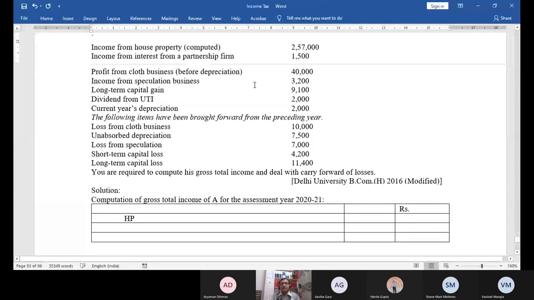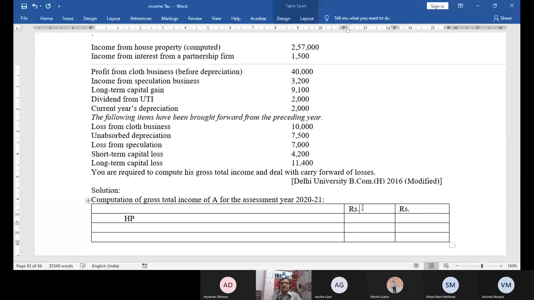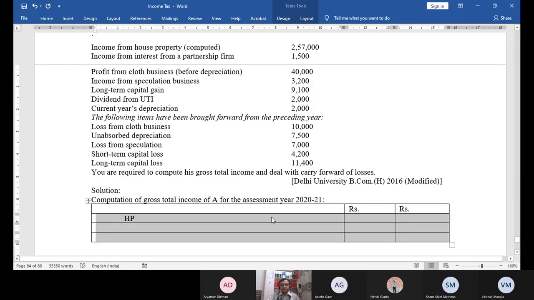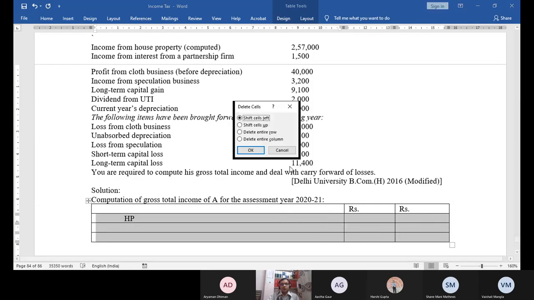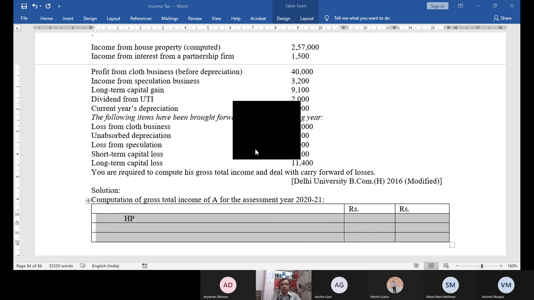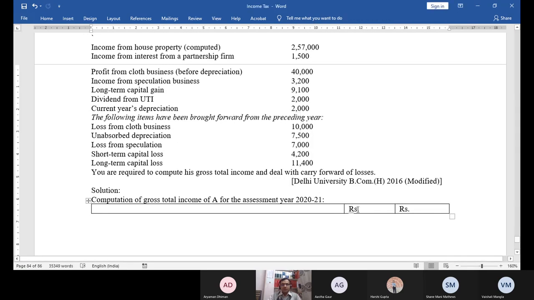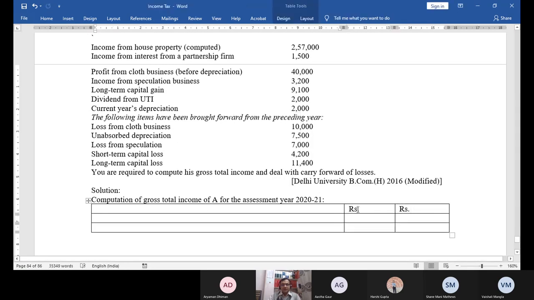2,57,000. I cannot write it anywhere because I do not know whether something will be adjusted from this or not. So for the time being, I should leave it blank, because I do not know which items will be adjusted and which not.